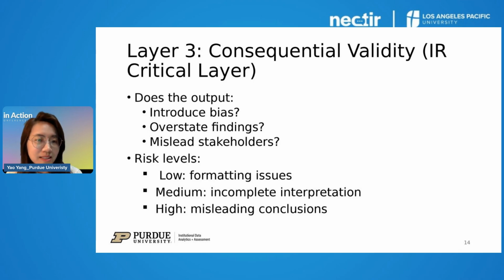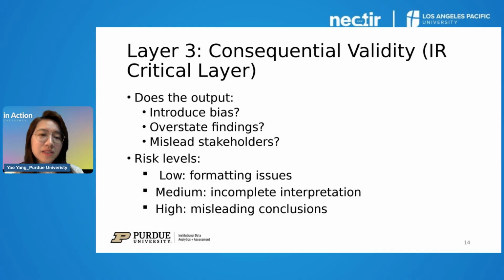So that's why we also need to check the consequential validity. So this is the most critical part in institutional research work, because here we ask whether the AI output could introduce some bias, overstate the findings, or mislead the stakeholders. So even if the output looks accurate and the process seems reasonable, the interpretation can still create risk.